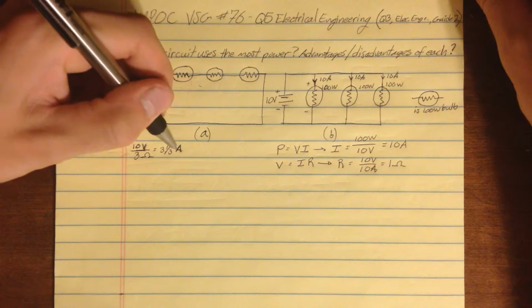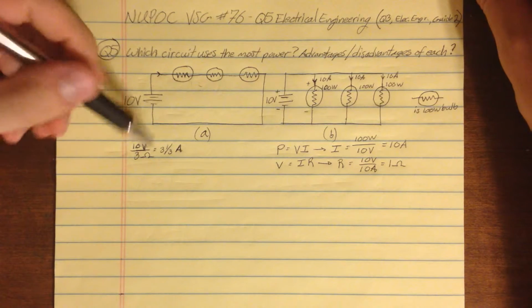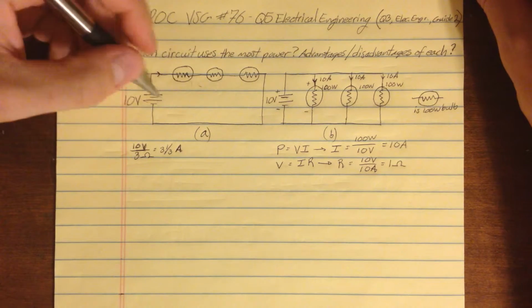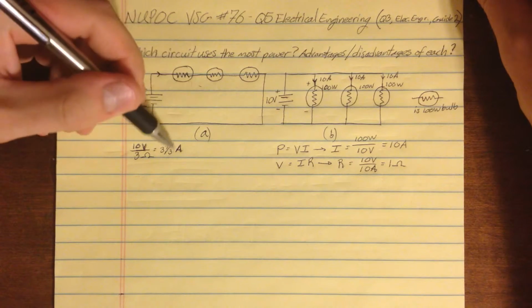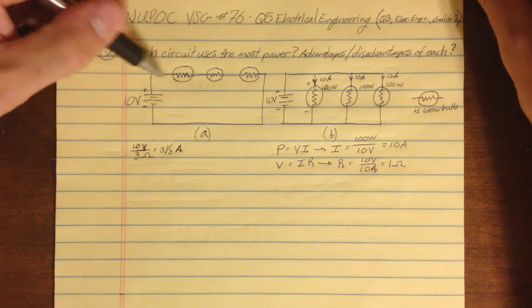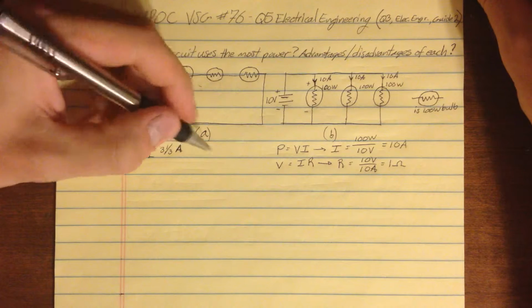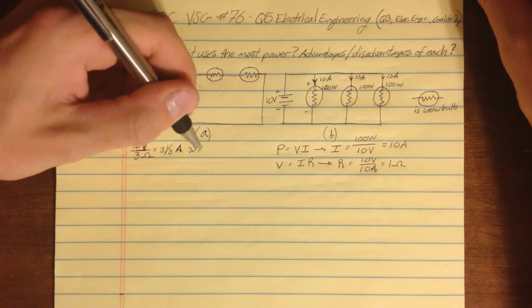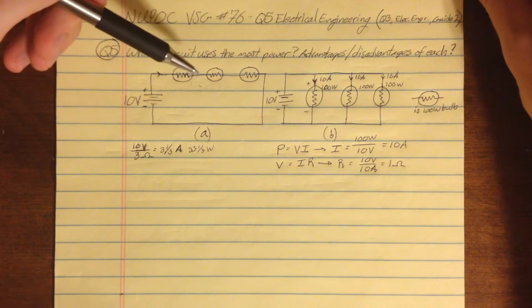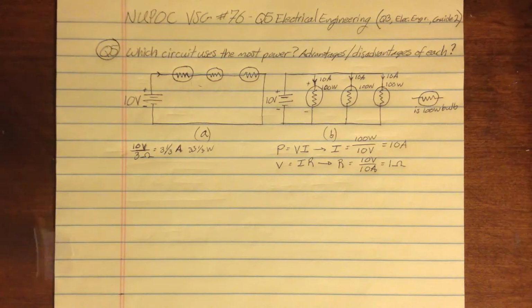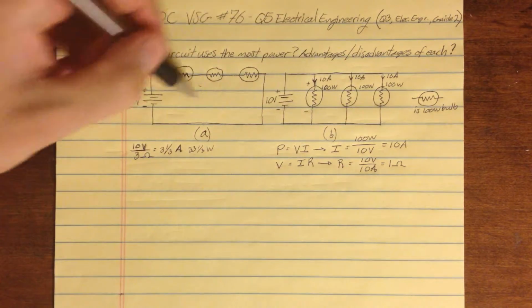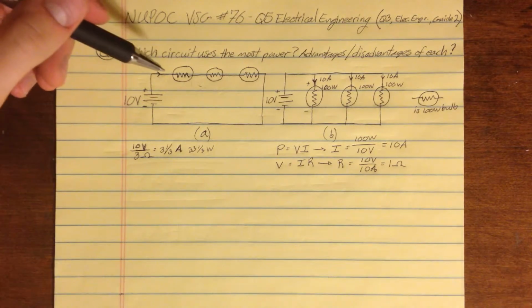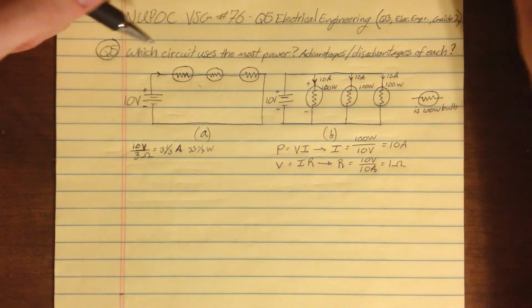When we find the total power supplied by this source, which is the source voltage times this source current, 3 1/3 amps because it runs through everything here, we get something like 33 1/3 watts, right? So by the solution's logic, this circuit uses more power, these bulbs will be dimmer, but hold on a minute here.